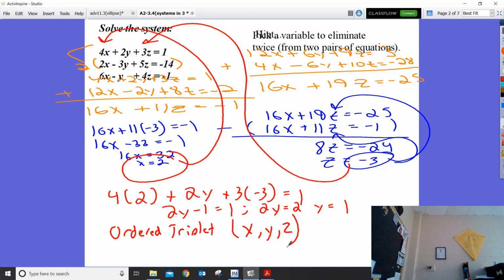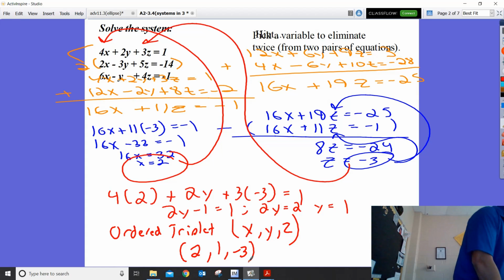X, Y, Z. So this guy had an x value of 2, a y value of 1, and a z value of negative 3. So basically, we just use alphabetical order. Yes. Everything in math is alphabetical order. I swear it is.